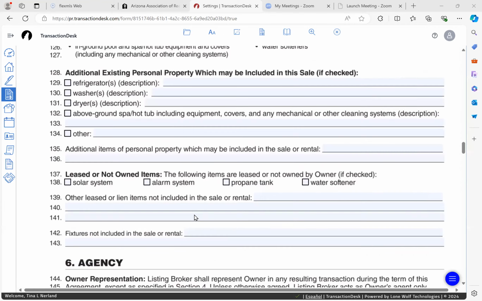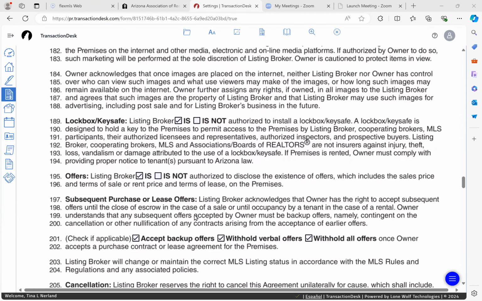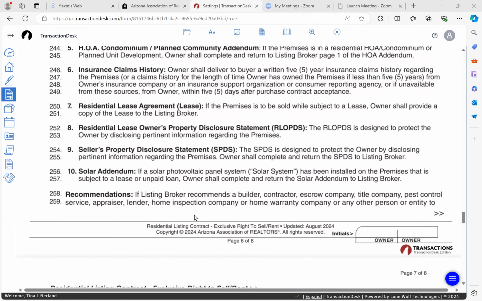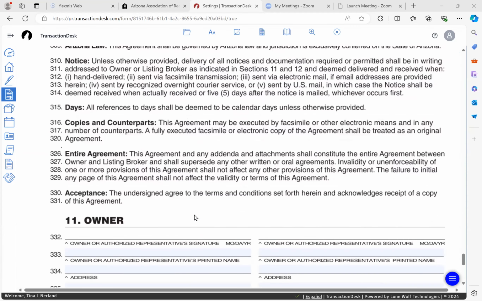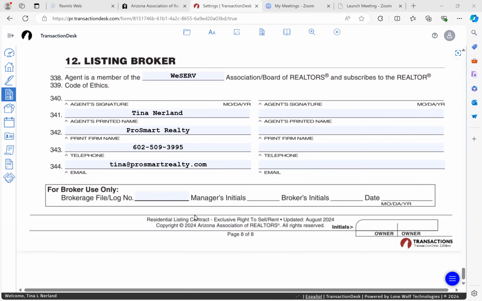Everything else, to my understanding, is exactly the same. That was the only update, if I'm not mistaken. Any questions on exclusive listing, contract, exclusive right to sell?